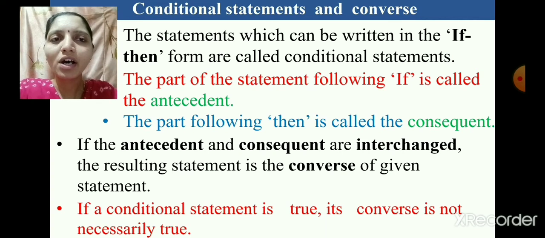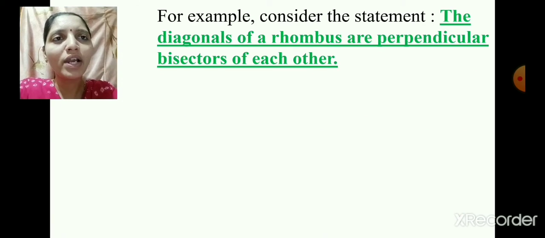If a conditional statement is true, its converse is not necessarily true. That means if any conditional statement is given to you and that statement is true, then it is not necessary that its converse will also be true. Sometimes it can be false also. Now let's understand this with an example.